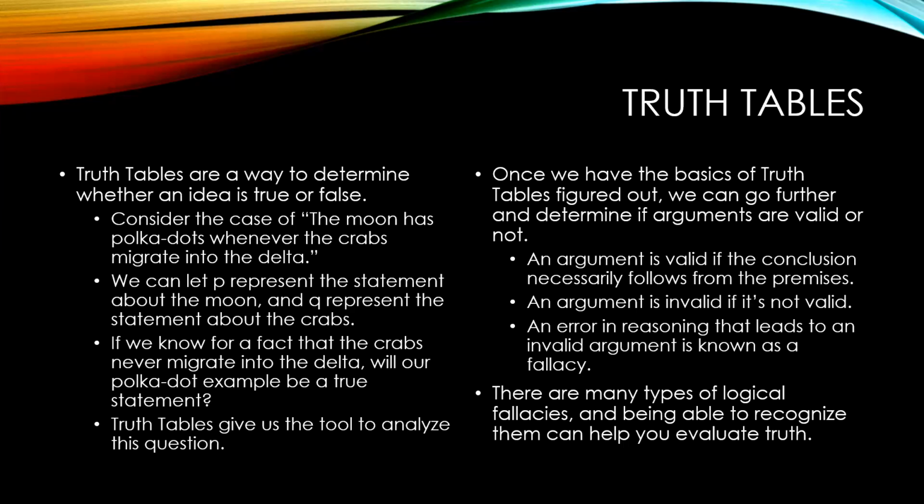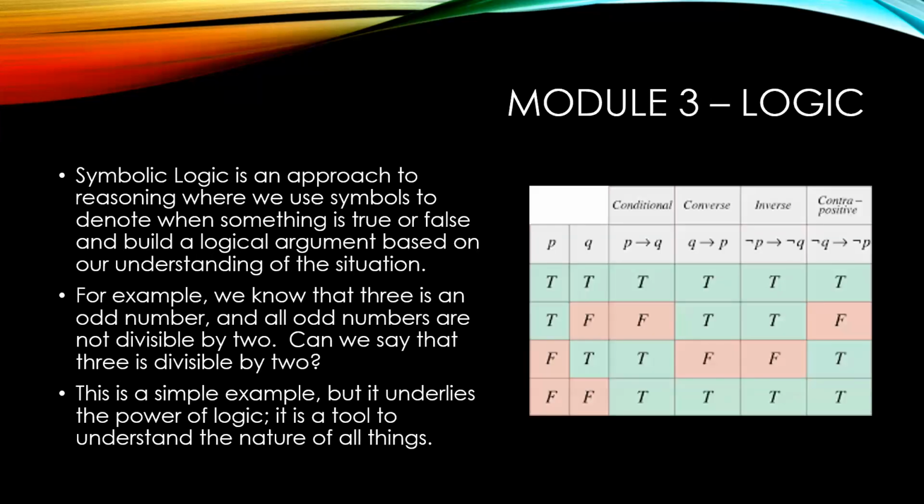And so consider the case of the moon has polka dots whenever the crabs migrate into the delta. We can let P represent the statement about the moon and Q represent the statement about the crabs. If we go up here, we can see that there are different options for P and Q. And so it could be that P is true and Q is true.